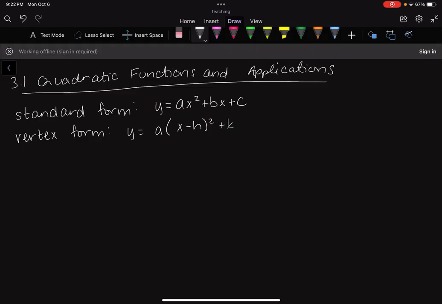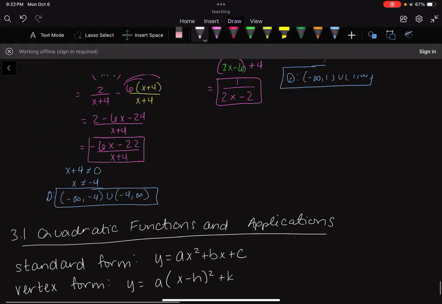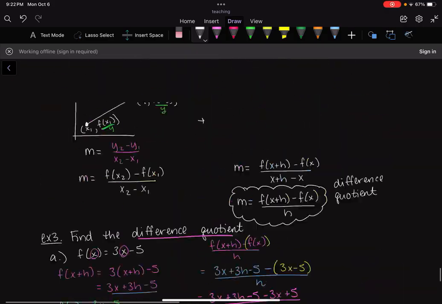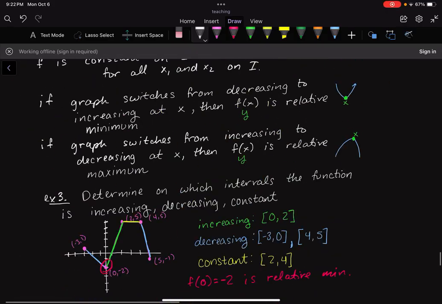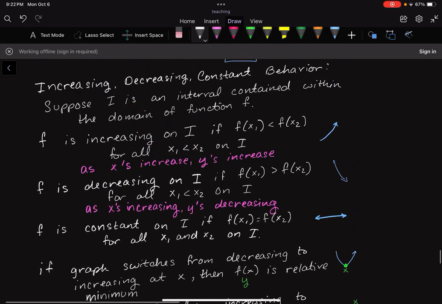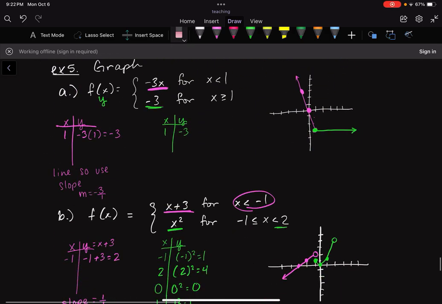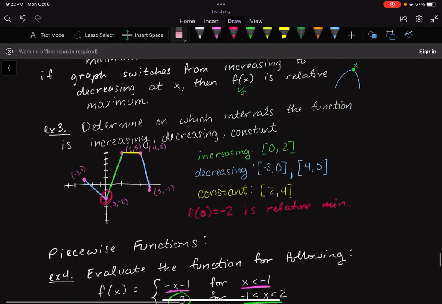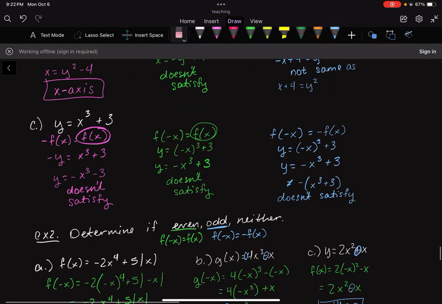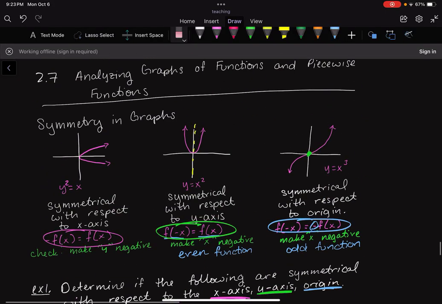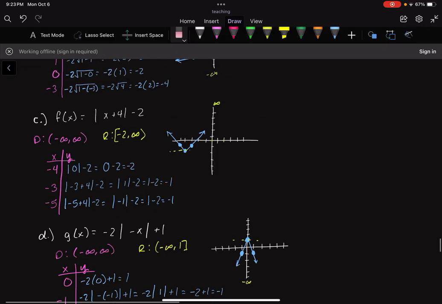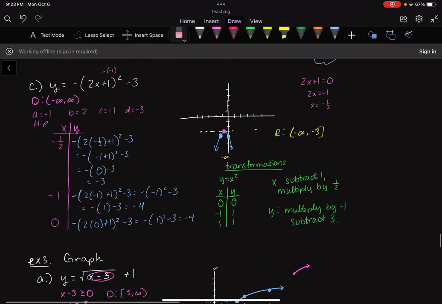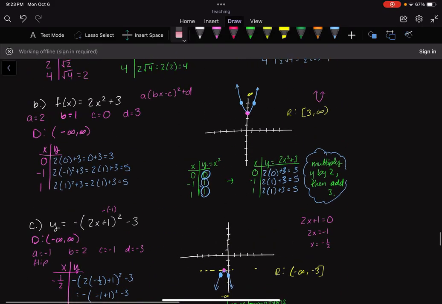And so when you're in vertex form, we've actually already dealt with quadratics a little bit and seen vertex form. So I'm going to scroll up just for a moment to show you what I'm talking about. Where was it? Before that, stuff like this.